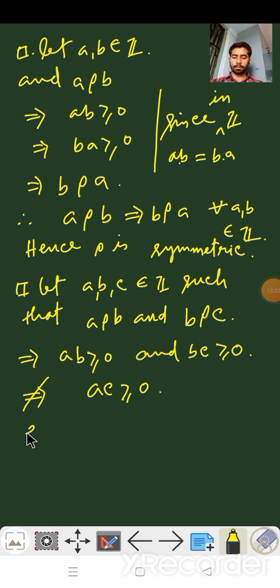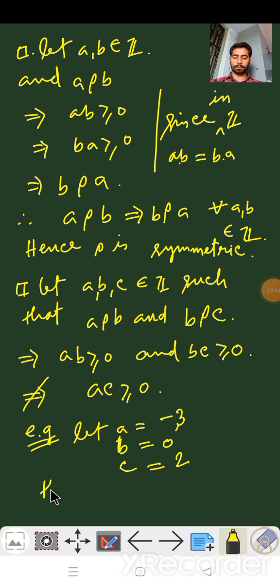Why? For example, let a = -3, b = 0, c = 2.